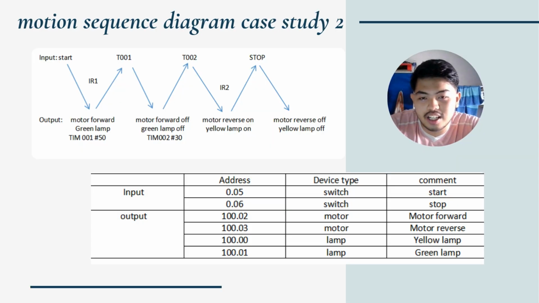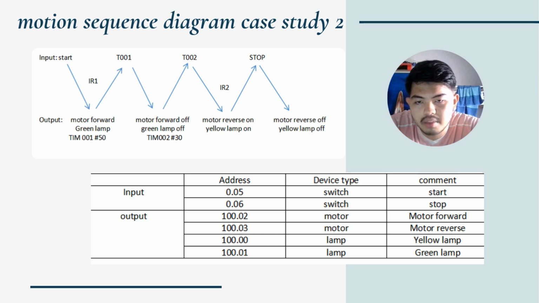So this is the motion diagram for case study 2 and also the input and output for this feature. When we press the start button, the motor forward will energize and the green lamp will energize. It will also trigger timer 1 for 5 seconds. The contact of timer 1 will energize and will de-energize the motor forward to off and the green lamp off.